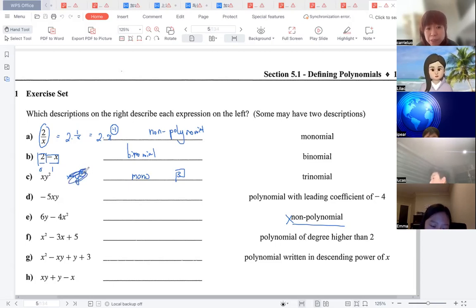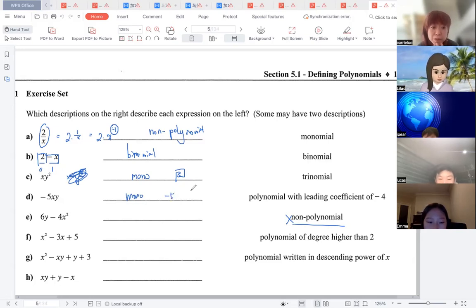Understand? Okay, number D, negative 5xy. Emma, could you please tell me what it is, which one you're going to pick? Mono. It is a mono, no problem. Can you tell me the coefficient for that one? Negative 5. Very good.